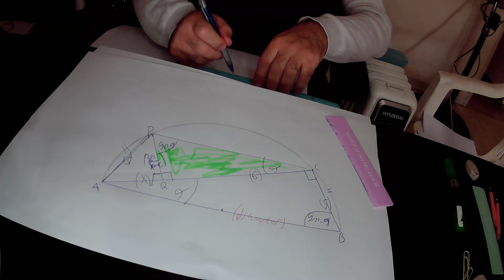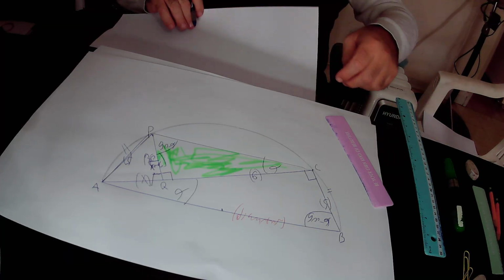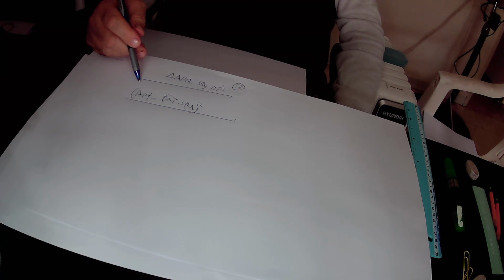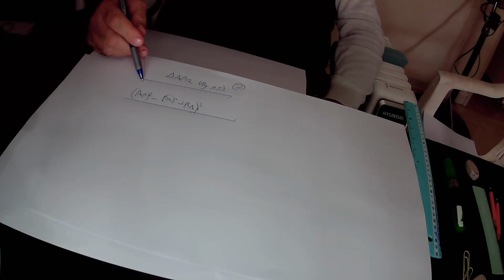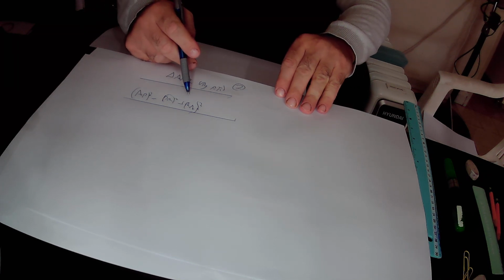Repeat again, in this right triangle PQA according to the Pythagorean theorem, AP squared, that is the square of the hypotenuse, equals QC squared plus QA squared.